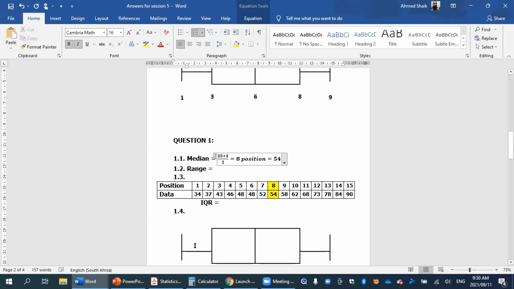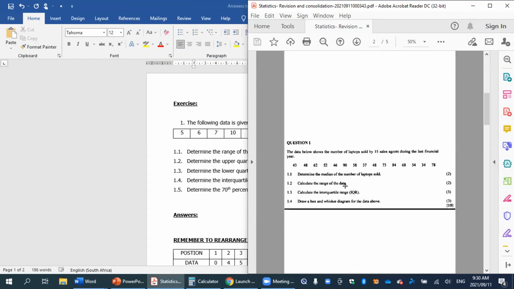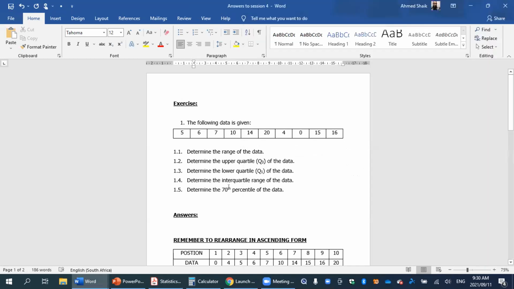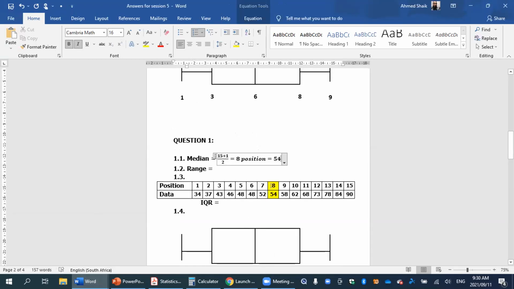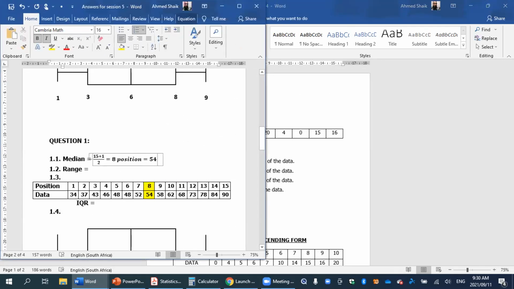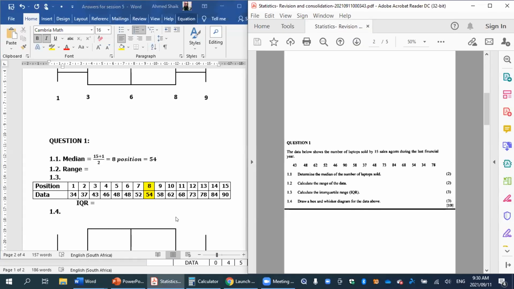Let's look at 1.2. 1.2 says to calculate the range of the data. If we're looking at the highest value in our data set, it's 90.